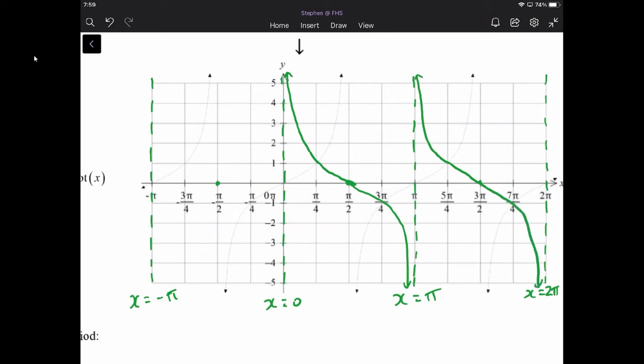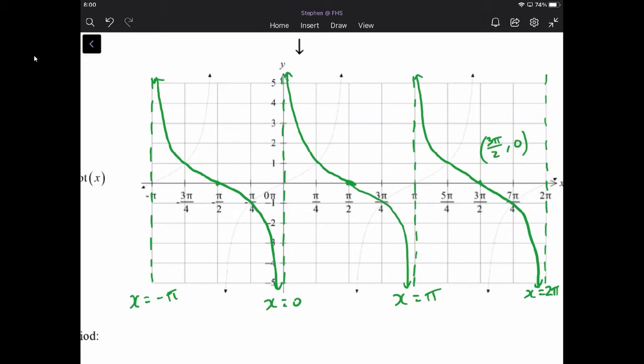There we go. And finally, between negative pi and 0, something similar happens. It does this, like that. And all the way down. Right, there we go. That is the graph of cot x. And I'm just going to label these x-intercepts. The other graphs didn't have x-intercepts. That is the cosec and sec.